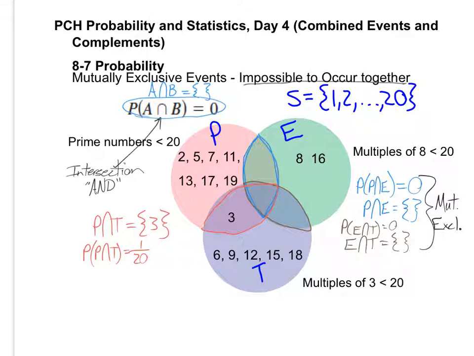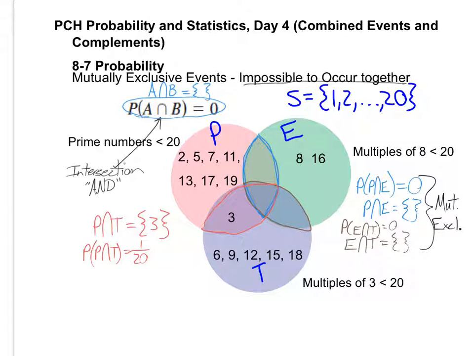Now, one other thing I wanted to mention here with this one before we go on. We're missing something in here. Notice our sample space and notice the numbers that are in the circles. I'm missing some stuff, right?